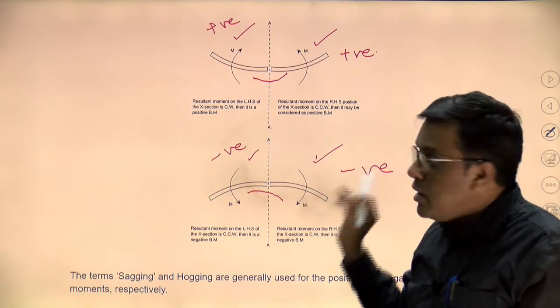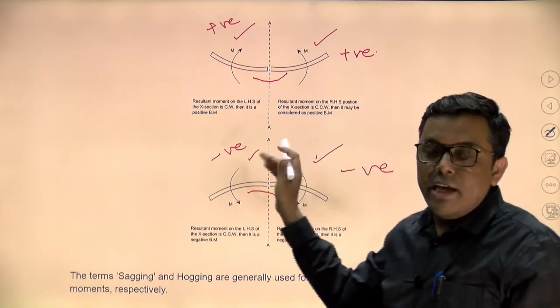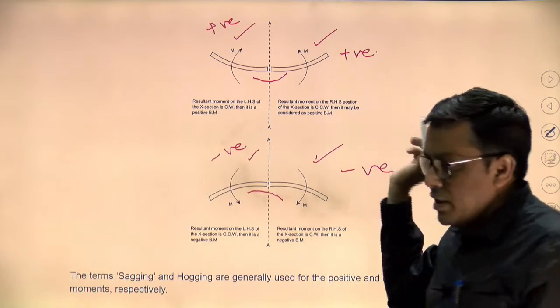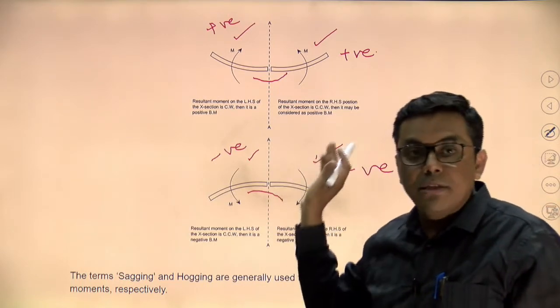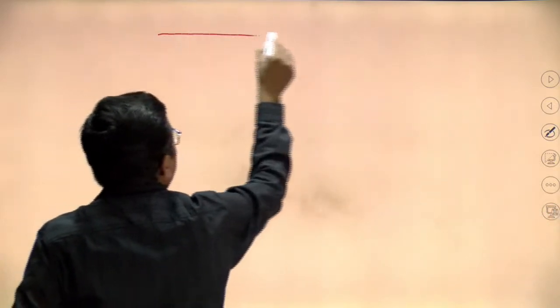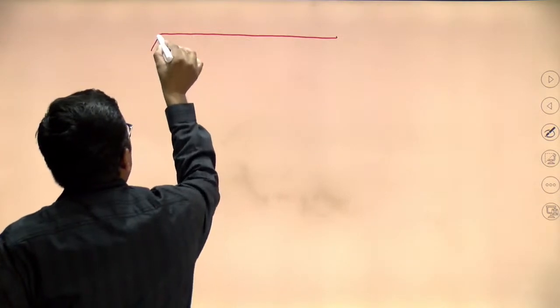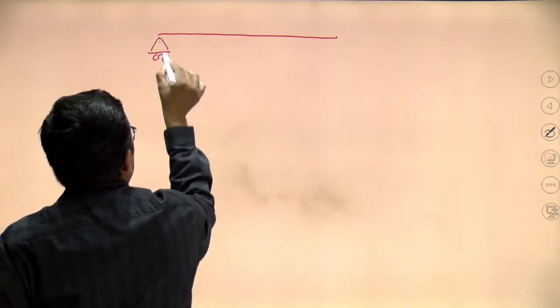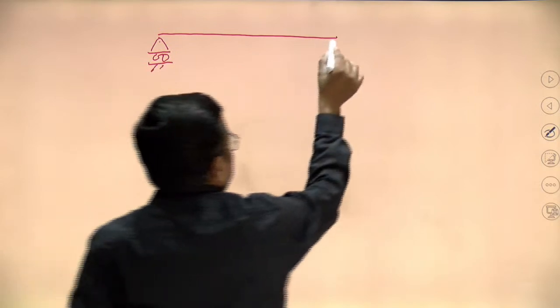So, this is clear. Now, we can prove whatever I said in terms of P1, P2, P3, that we can justify with the help of a numerical also. So, now let us take a beam. I am putting a roller support here. I hope it is visible.